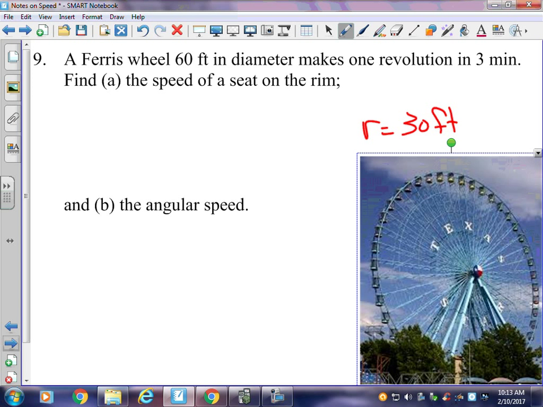But what I find interesting about this question is part A says find speed, which means velocity, and part B says find angular speed, which means omega, and they're thinking somehow you're going to magically figure out how to do velocity if you don't have omega. They put it first. You've got to do B first.